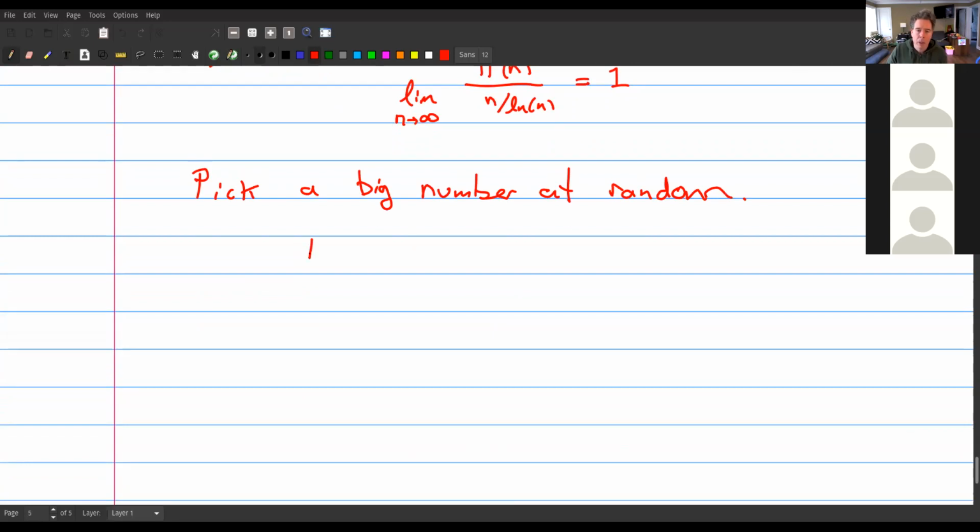Let's say the big number is n. The probability that n is prime is roughly the number of primes less than n divided by the number of numbers less than n.